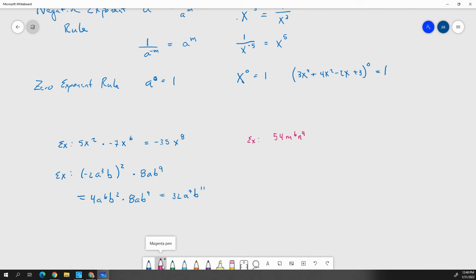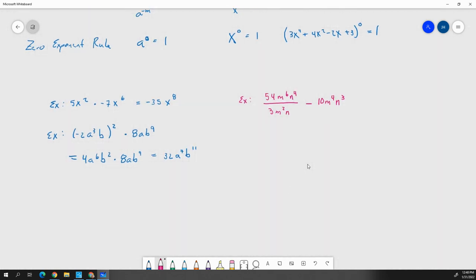Sorry, I can't see with my glasses up close, but I need them to see far. So I like this problem because it's asking a lot of you, but when you look at it and break it down in pieces at a time, you're like, oh, it's not that bad, right?